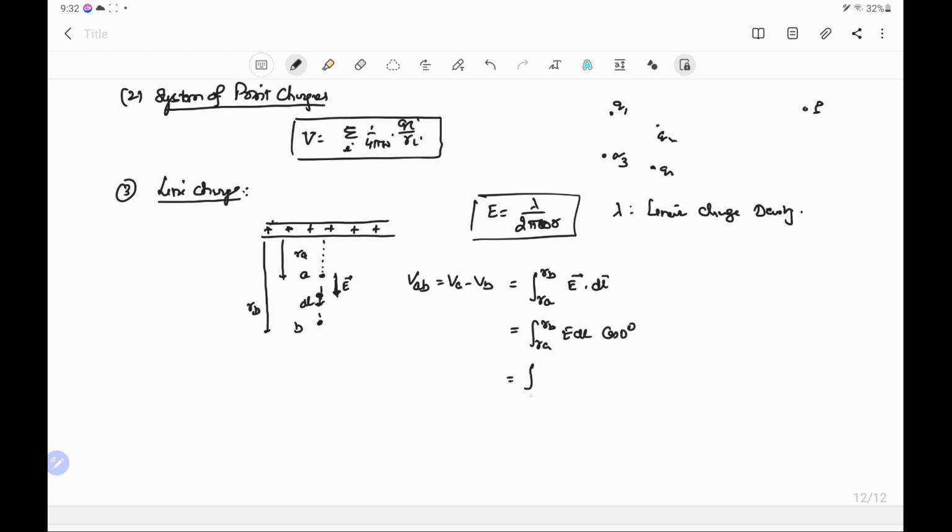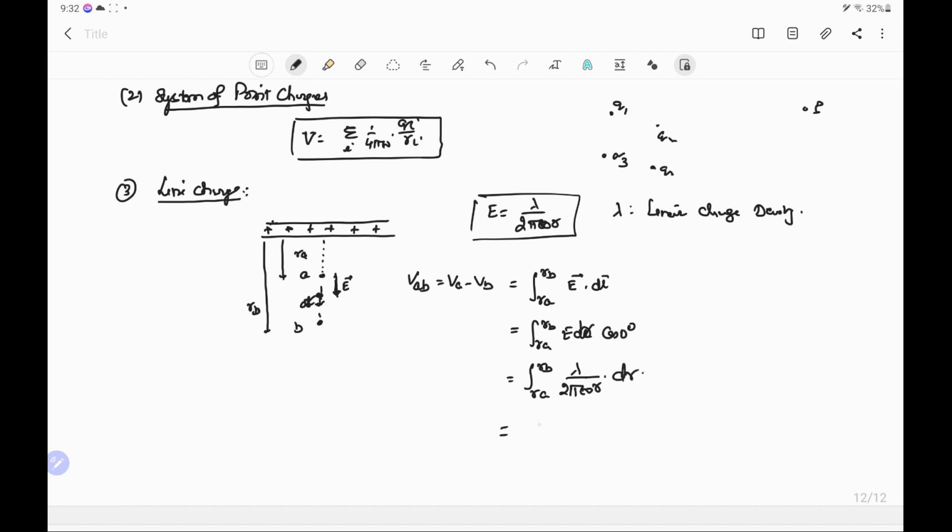Therefore, from Ra to Rb, E is lambda by 2 pi epsilon naught r, and the integrating variable is r, so we write dr.